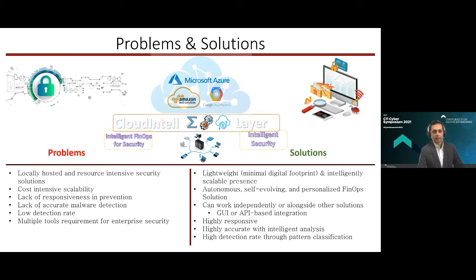So if you look at the diagram here, at the bottom, we have an enterprise network. And at the top, we've got multiple cloud security providers, cloud hosting providers. In the middle, this is where Cloud Intel sits. And what it does is provide the security solution.